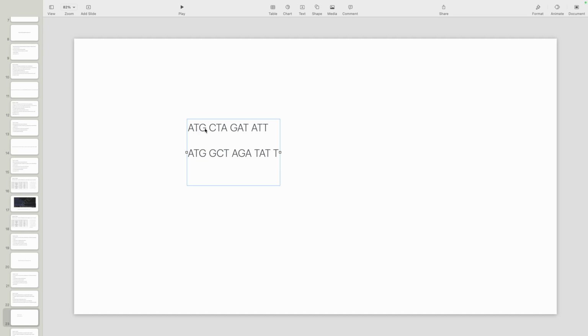Initially we had these codons, now we have different codons. And let's say that these codons are coding for different amino acids. Initially this CTA was coding for amino acid 1, and this GCT is now coding for a different amino acid from CTA.